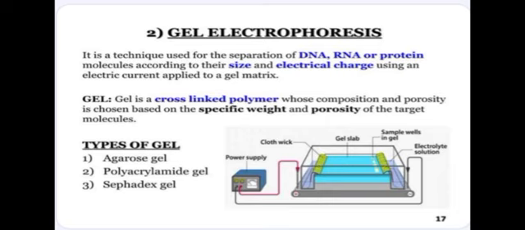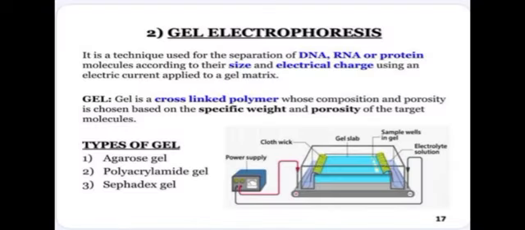The different types of gel we use in gel electrophoresis are agarose gel, polyacrylamide gel, and starch gel, Sephadex gel. These are the gels we use in gel electrophoresis techniques.